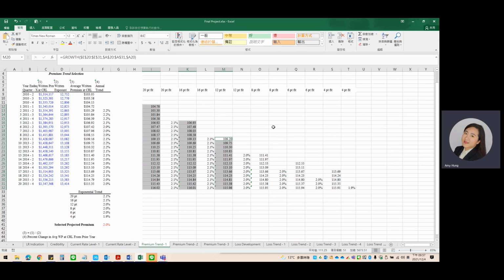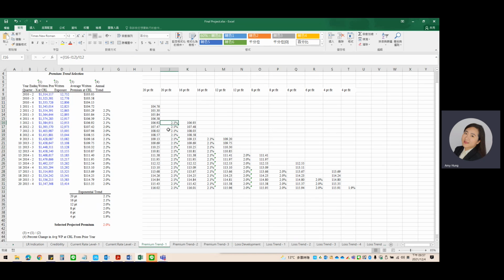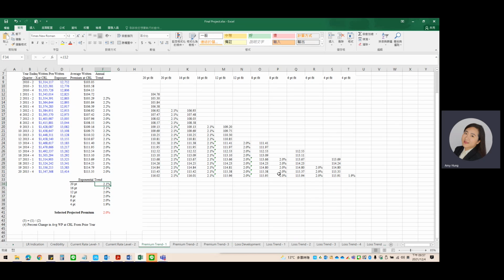And then we can use the same way as we calculated the annual trend to get the trend under different scenarios. Those are linked to the calculation right here. And then we need to select the projected premiums.